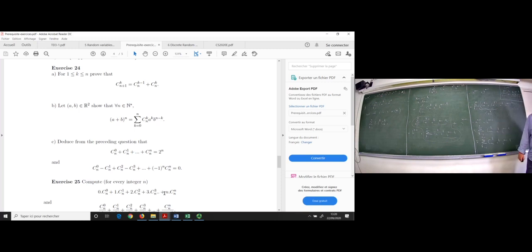I have to take particular choices for A and B. What are they? For B, I can take 1, and for A, I take minus 1. If I plug inside A equal to minus 1 and B equal to 1, I obtain exactly from this term my sum. And minus 1 plus 1 to the power n is equal to 0.